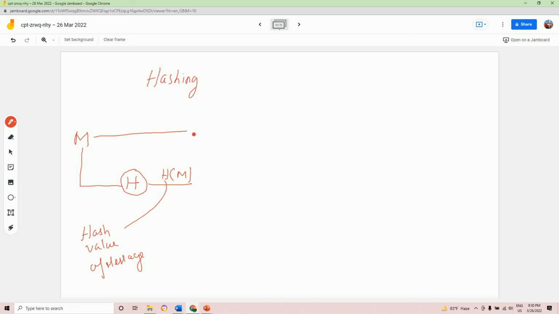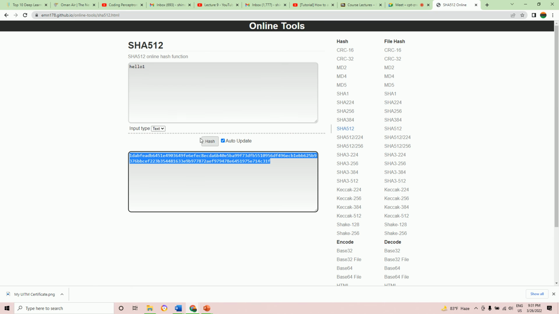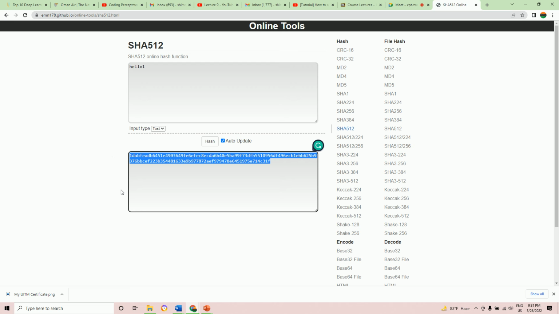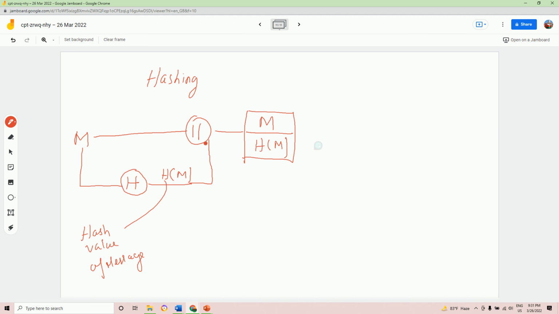Now you take the message and add the hash value, so now what you have is the message and the hash of the message. Like this, you calculate: this is the message, this is the hash of the message. You combine them together, message and hash of message, and send them to the receiver.